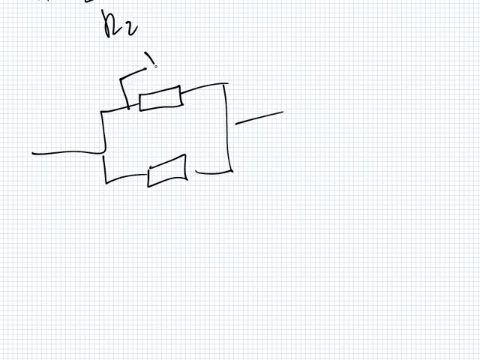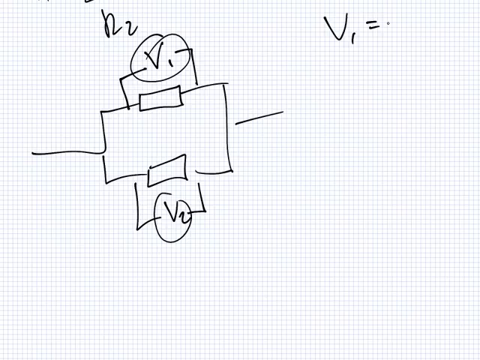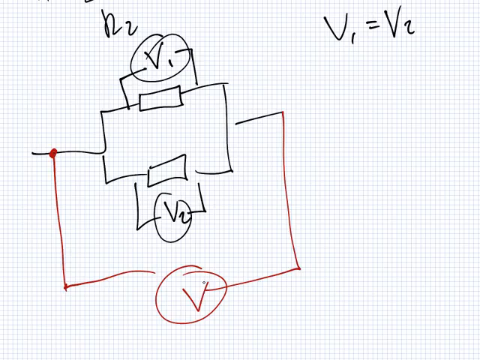This one has a V1, this one has a V2. V1 must equal V2, and if you put a voltmeter around the total, then you'll find that that is also equal. So parallel voltages are the same.